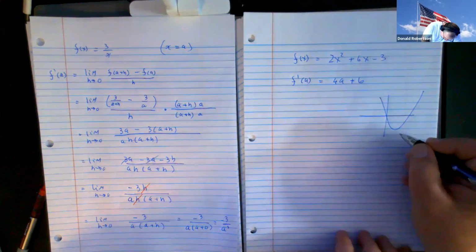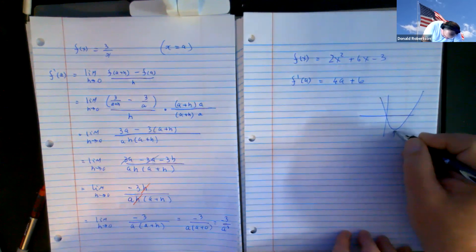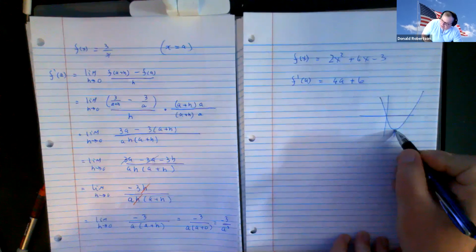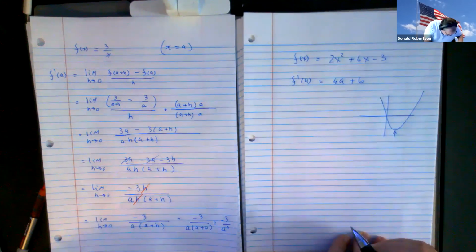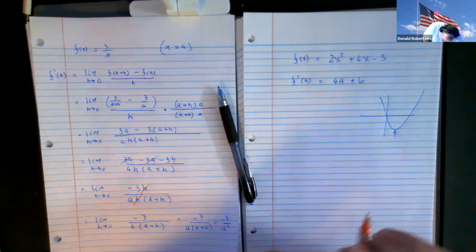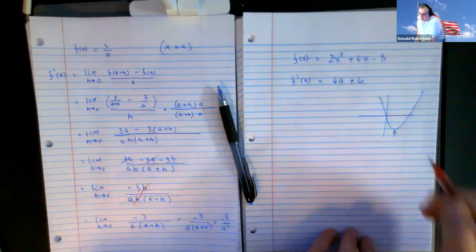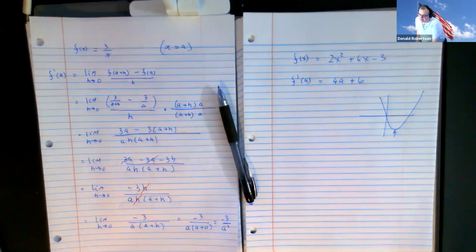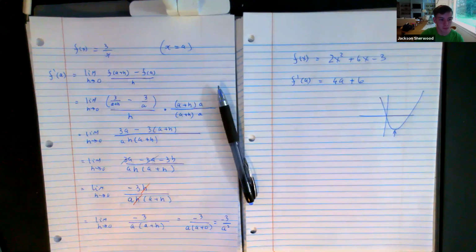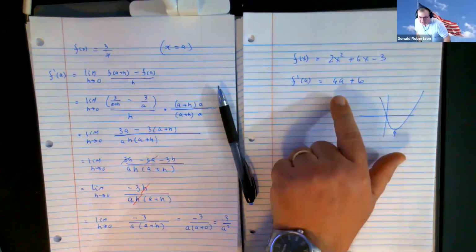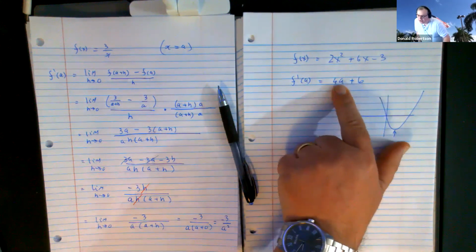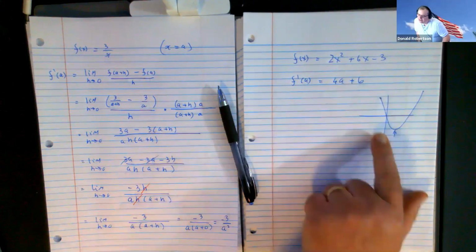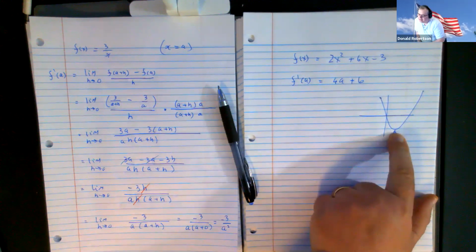One of the things that we like to find on curves are bottoms of valleys. What is going to be the slope of a tangent line at the bottom of a valley like that? 0. And so if I find out what value of a makes this 0, won't I have found the location of the bottom of the valley?